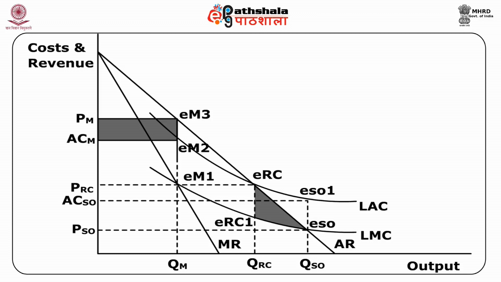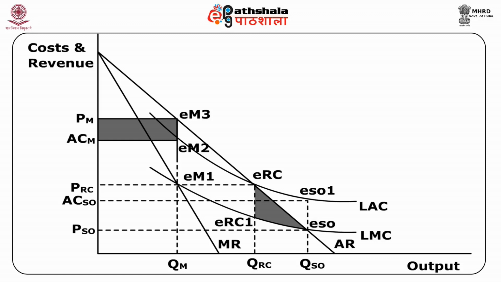The LAC and the LMC curves are the long-run average and marginal costs respectively. If the public utility provider were to act as a monopolist, they would produce QM level of output and charge a price equal to PM per unit, hence making a profit equal to the rectangular region ACM, PM, EM2, EM3.